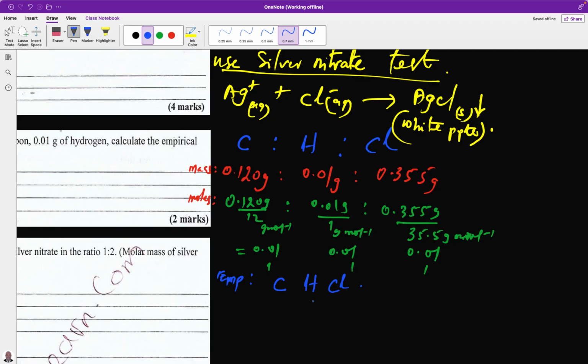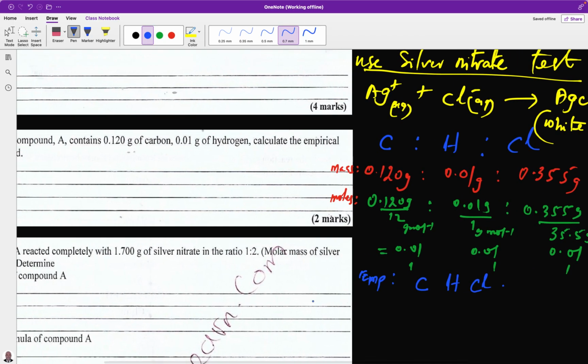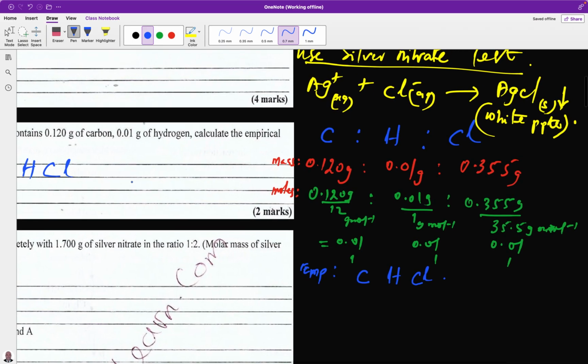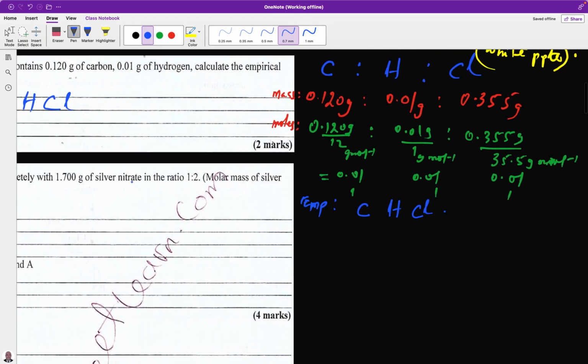So our empirical formula after the calculation will have only carbon, hydrogen, and chlorine. That will be our empirical formula. That is the answer.